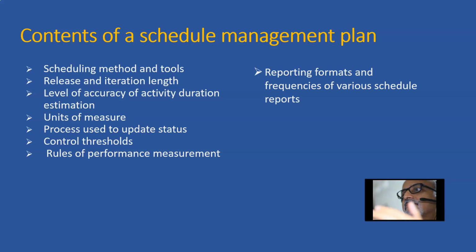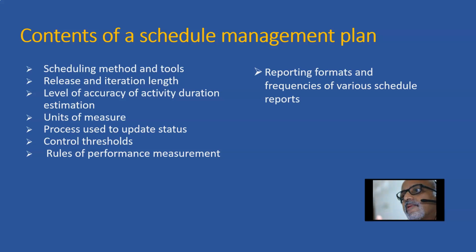So based on the nature of the stakeholders, this format should be fine-tuned. For senior management, it will be only a consolidated view. For a middle manager, maybe slightly detailed, and for the person in the field, it has to be fully blown schedules. So these things also must be decided, and it is all documented in the schedule management plan.